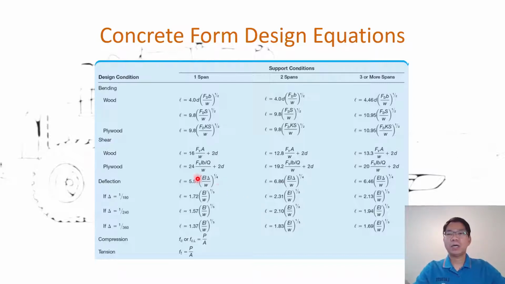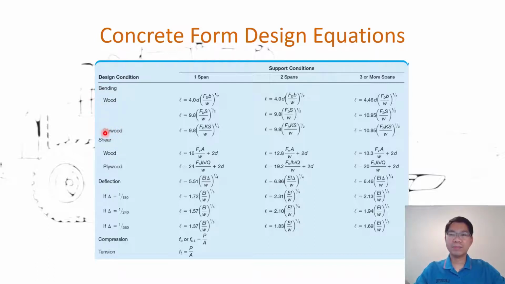We can model them as a beam, even the sheathing. We need to check the design conditions for bending, for shear, and for deflection. In bending, the equations are different depending on the material, whether it's natural wood or plywood.